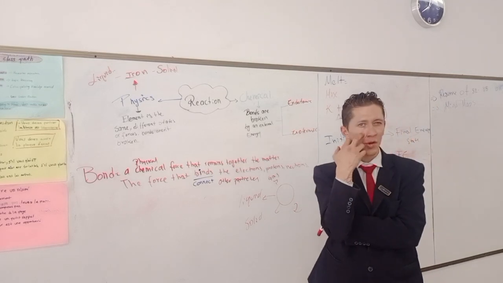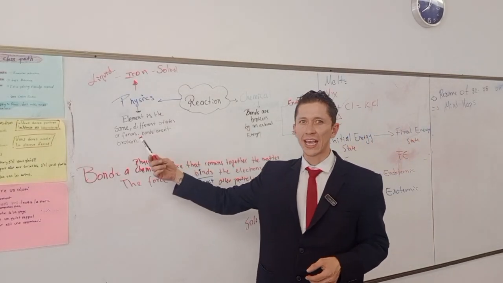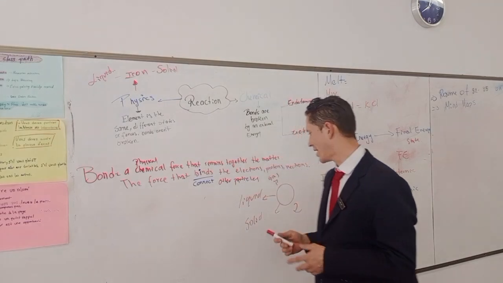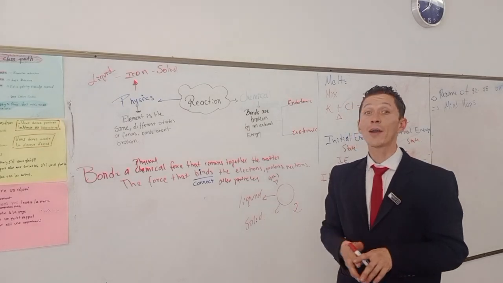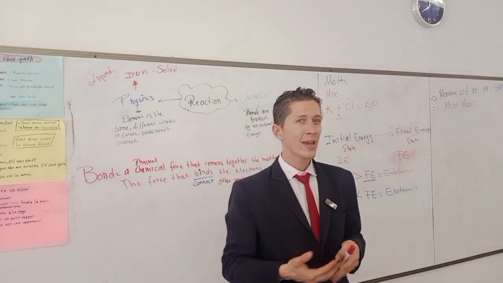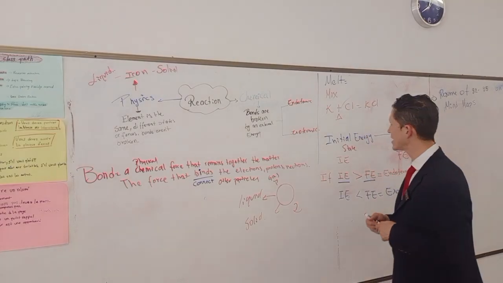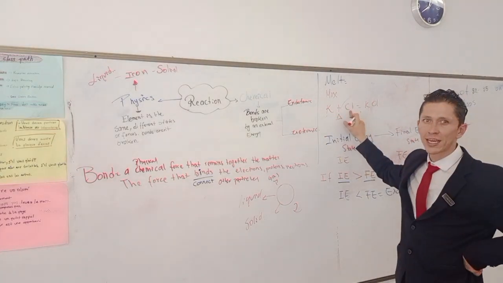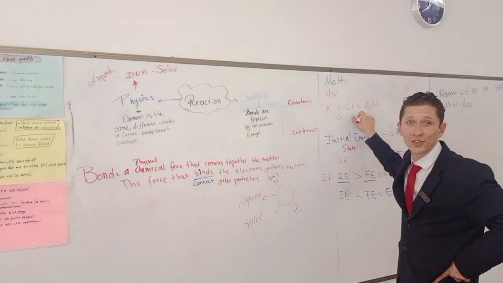Is it chemical or physical? Remember, physical is just one element, here oxygen, one element. If I mix elements, I am mixing the bonds, right? Here, the potassium mixed with the chlorine. What do I get? Potassium chloride.